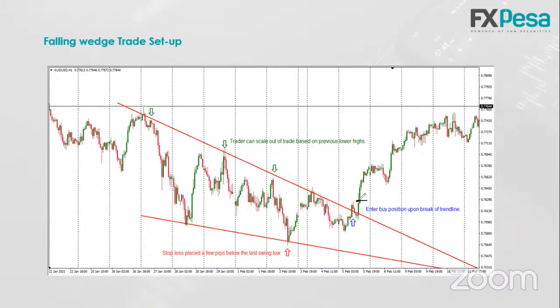Like in this case, we had the market breaking, then there was a retest. Right after that retest, that would have been the most ideal entry. So right from this candlestick, you could have entered your buy position, targeting that further upward momentum.